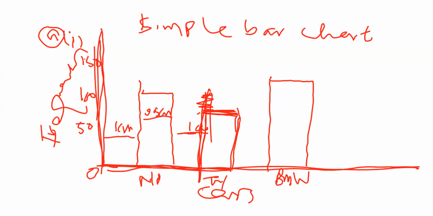Toyota is giving us 90, which is below 100. BMW is 125, which is higher than Nissan. So that is how to construct a simple bar chart.